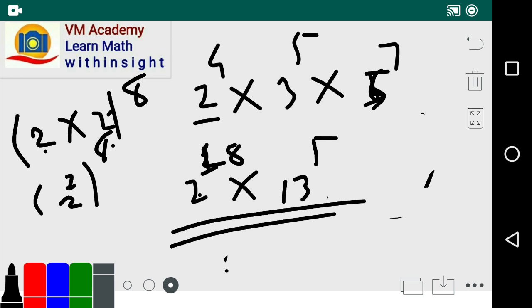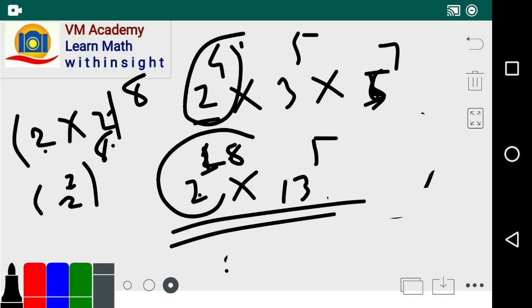Now what is the common factor between these? 2 raised to 4 means 2 into 2 into 2, 4 times, and 2 raised to 18 means 2 into 2 into 2 so on, 18 times. That means out of 2 raised to 18 and 2 raised to 4, the common factor is 2 raised to 4. Now 3 raised to 5 and 5 raised to 7 have no common factor with the other. So 2 raised to 4 is the common factor, friends.